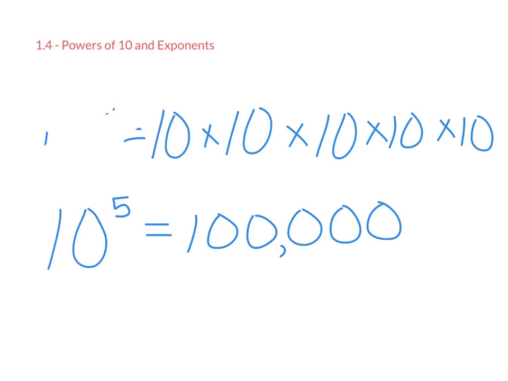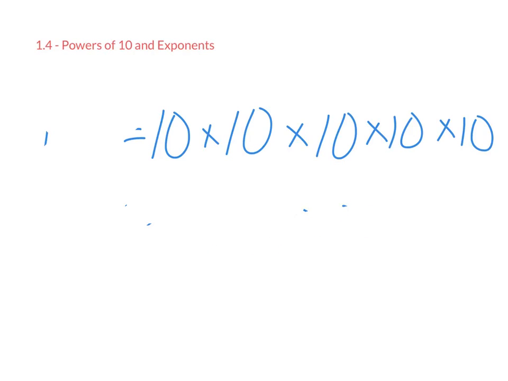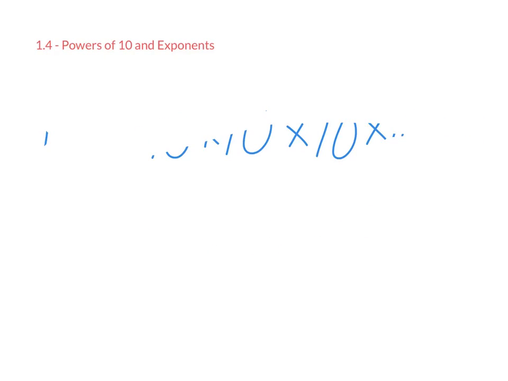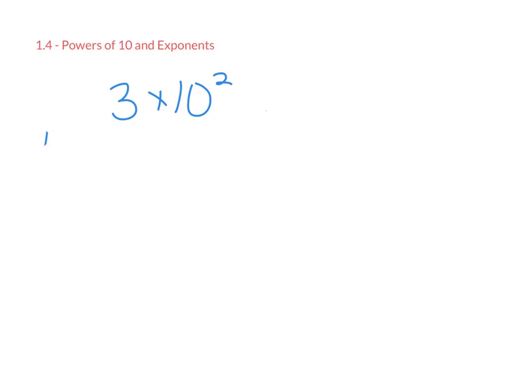You also will see whole numbers multiplied by powers of 10. So this looks like it's going to be more difficult, but it's really not. There's just one tiny extra step. So you might see a problem that looks like 3 times 10 squared. So all this means is 3 times, that stays the same, right?